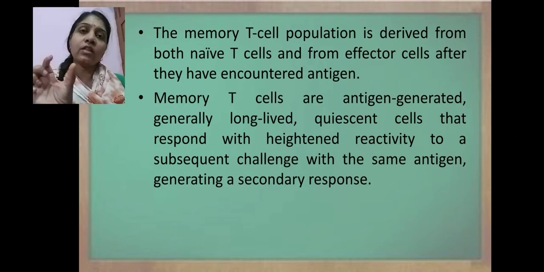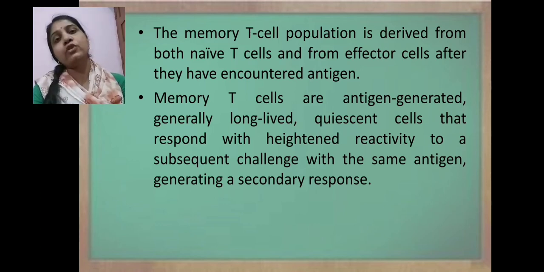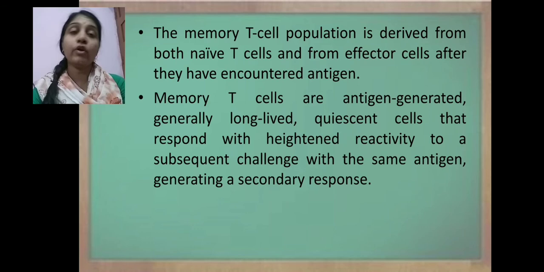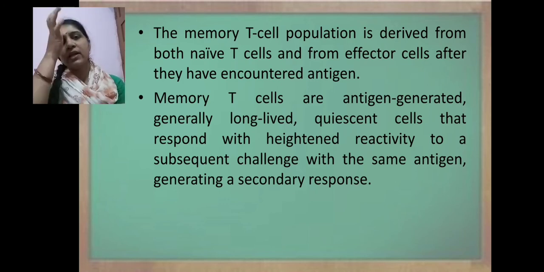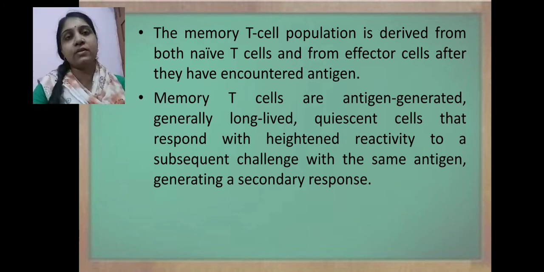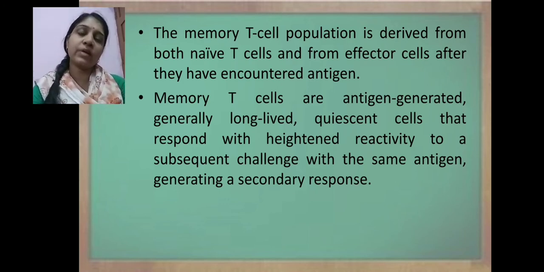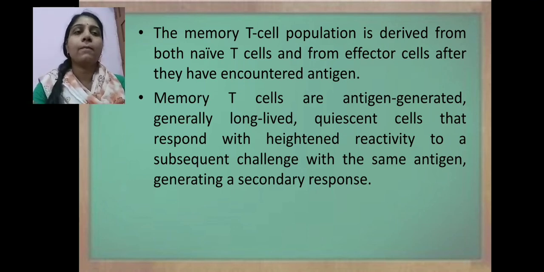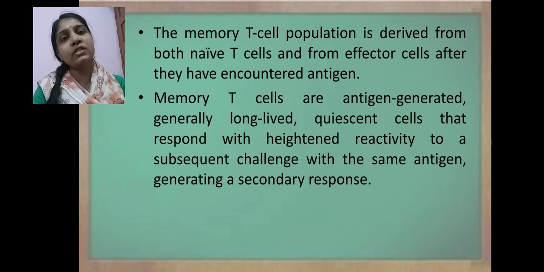Now the third population of the T lymphocytic cell is the memory T cells. We know that within the antibody mediated immune response, or whenever there is the secondary immune response, there is the role of the memory cells. The same function is present here: like the B lymphocytic cells, whenever the T cells get activated, there is also formation of memory T cells.